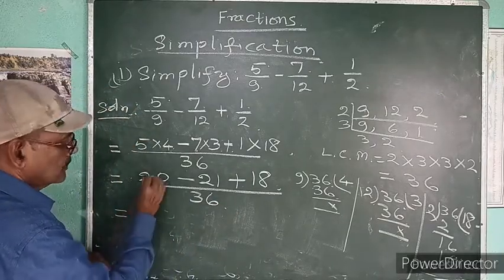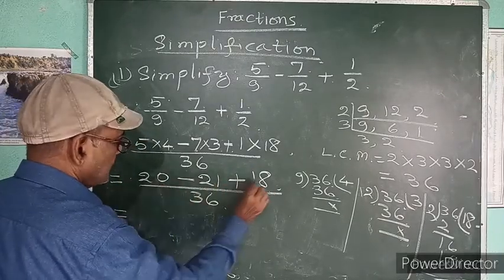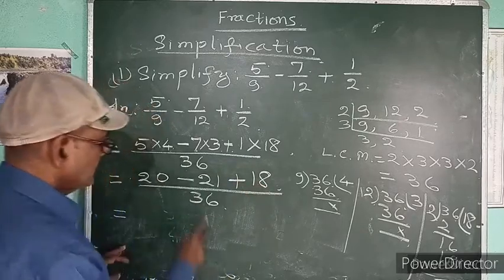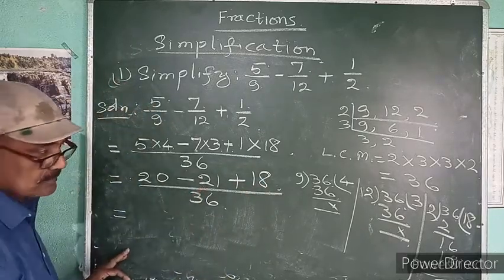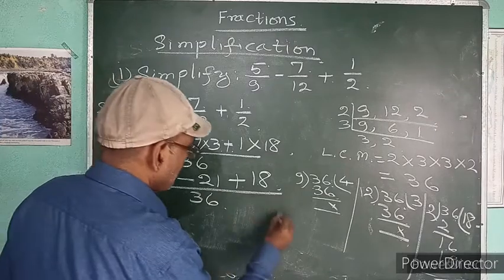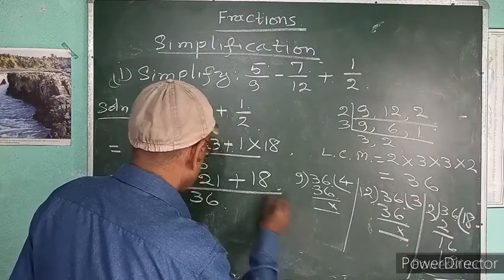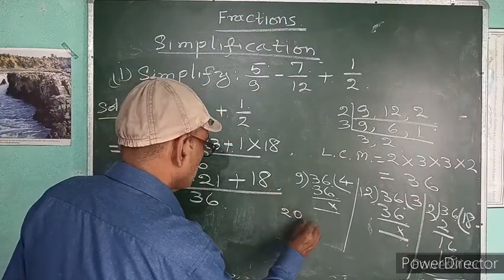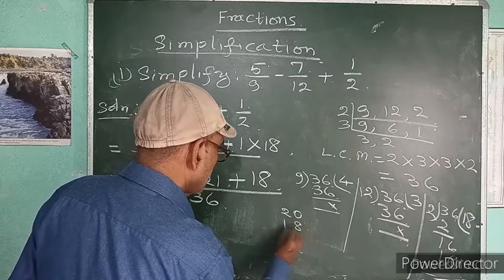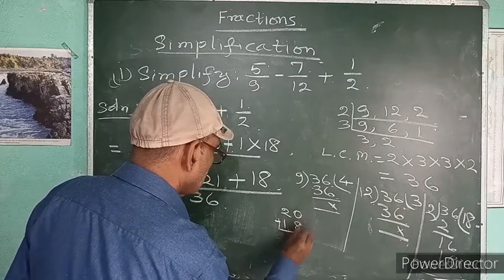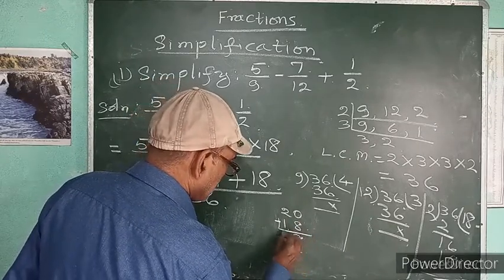Now sum up. 20 plus 18 you add, then you subtract 21. 20 plus 18 is equal to 38.